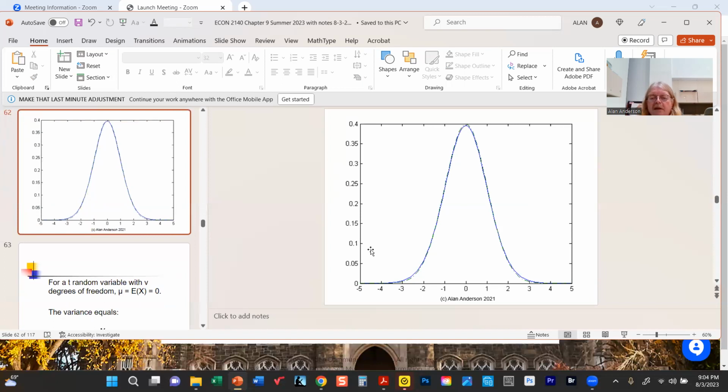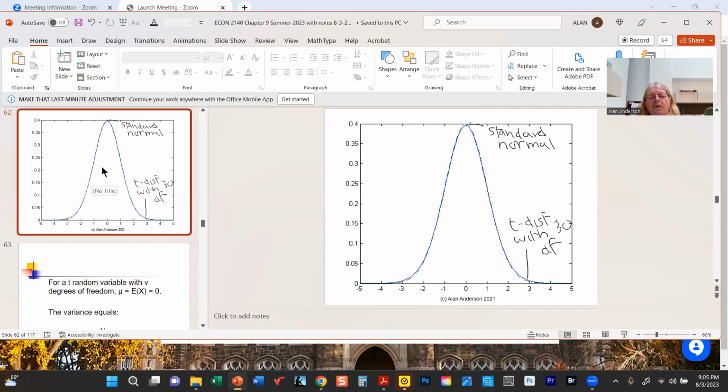You almost can't tell them apart. They're so close. In fact, I'm sure you're having a lot of trouble telling the difference between the two. The blue is ever so slightly more spread out. 30 degrees of freedom, and they're almost identical now.